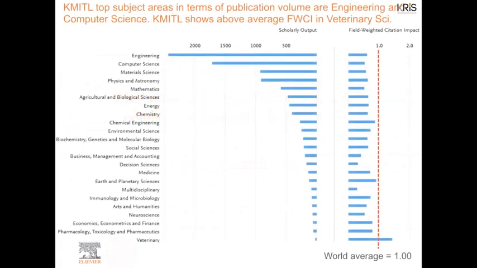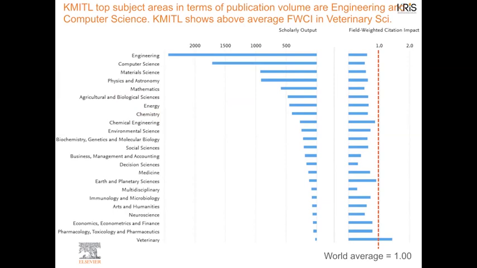If we look at the subject area level, these are 27 main subject areas in SciVal and Scopus. You can see you publish the most papers in engineering, computer science, and material science. But the citation impact is below world average.